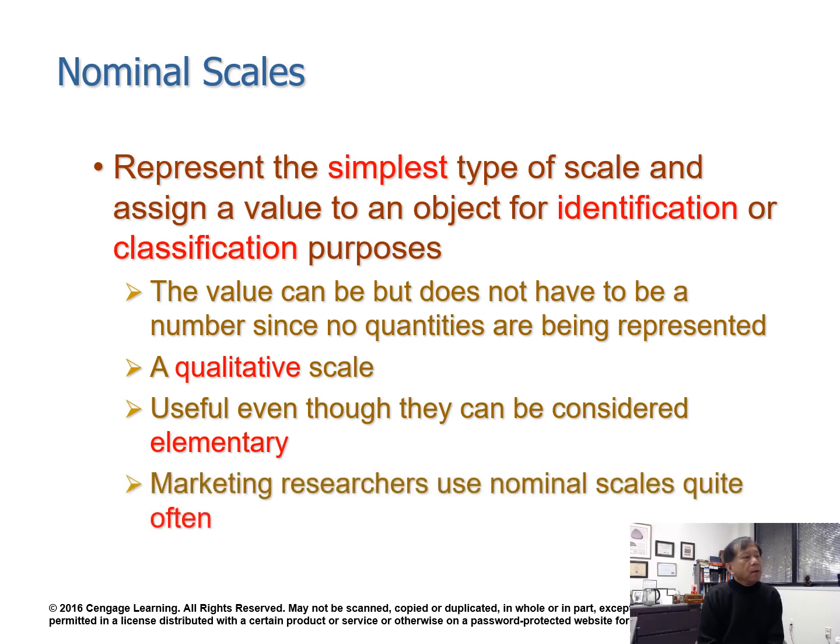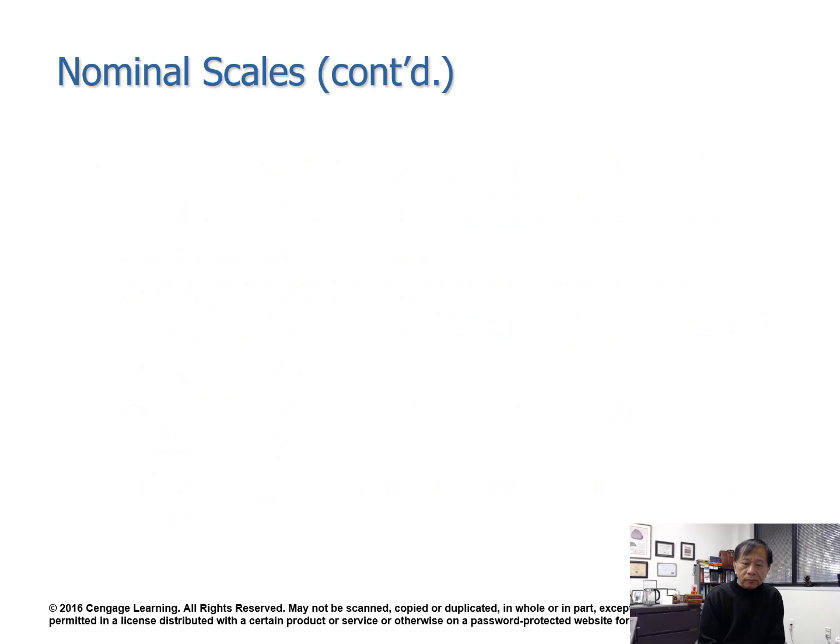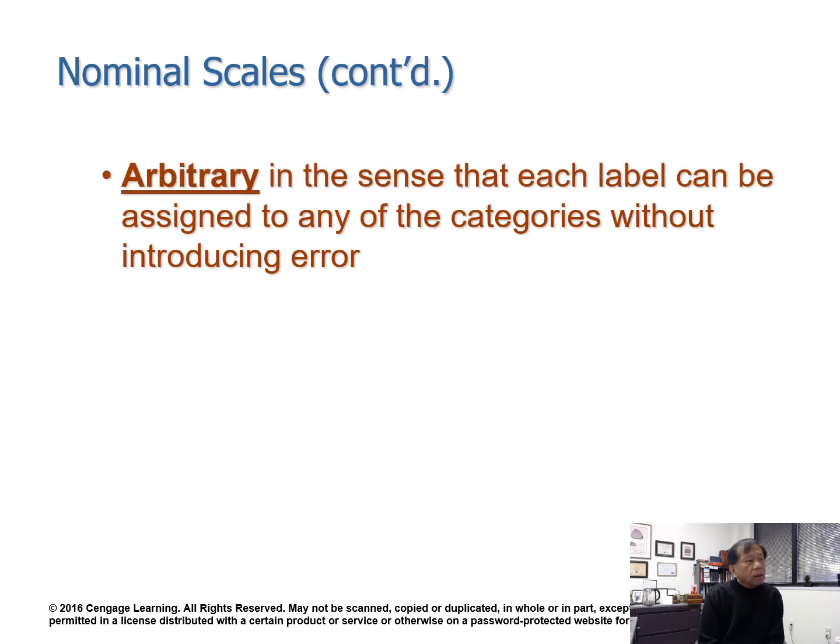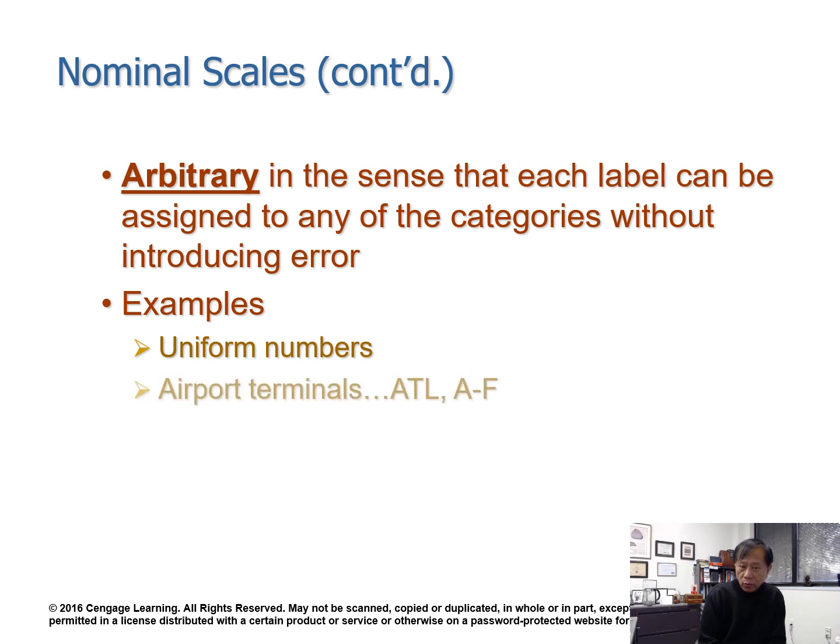Marketing researchers use nominal scales quite often. We use that all the time. Nominal scales are arbitrary in the sense that each label can be assigned to any of the categories without introducing an error. For example, the numbers on your uniforms and your student ID numbers.